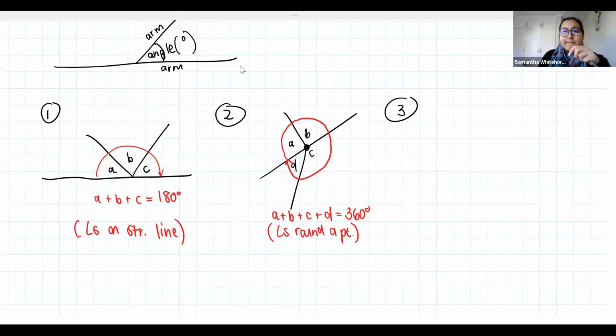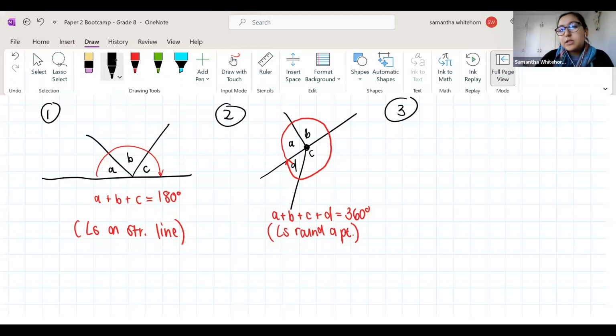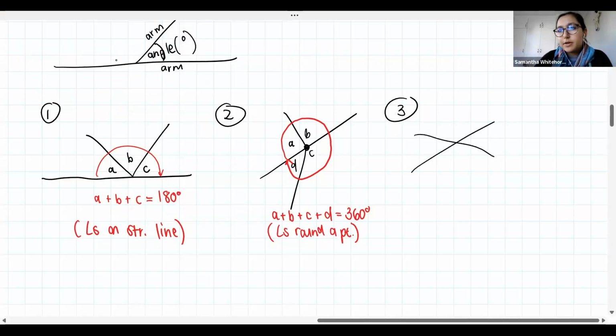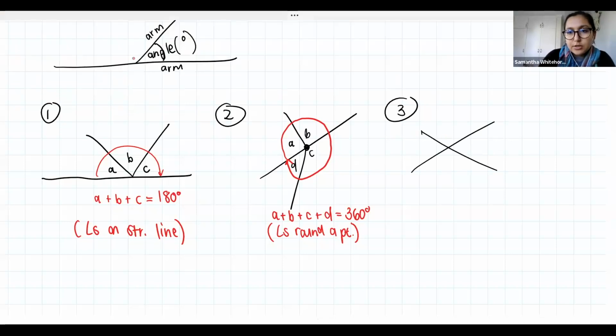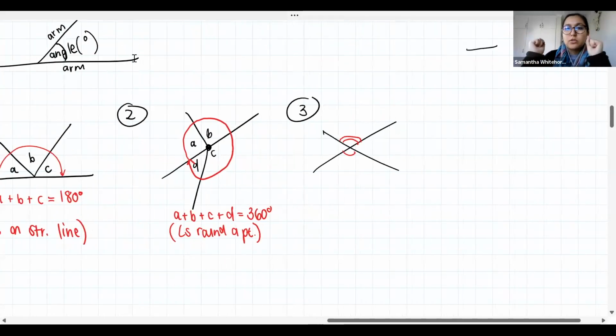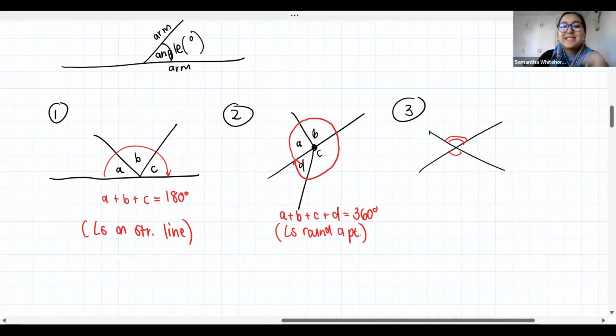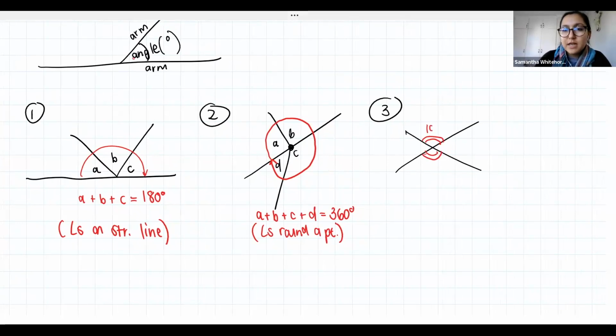Our third basic straight line reason is vertically opposite angles. This is where we form a cross shape when two lines intersect or cut each other. The angles opposite each other are equal, so they are exactly the same size. If this is 100 degrees, that is 100 degrees.